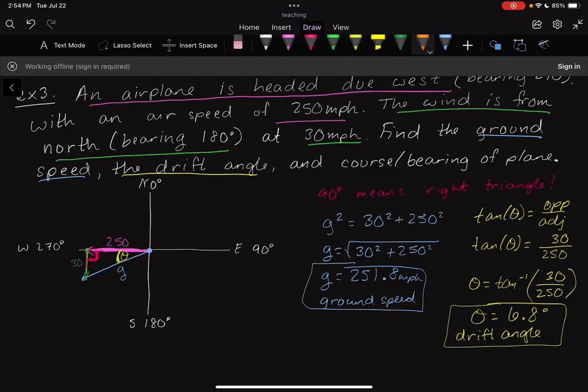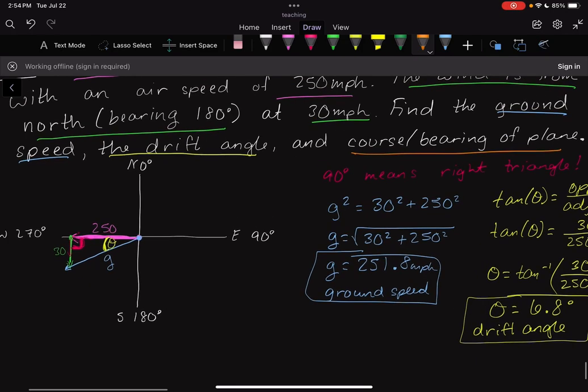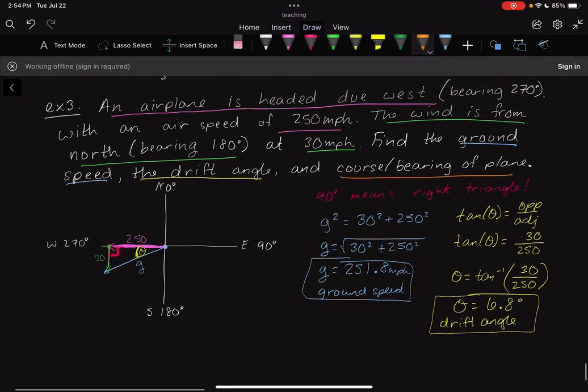All right, so now let's find the course or the bearing of our plane. That's telling us where the plane actually goes. How far off of its track did it go? Because it was supposed to be going 270 degrees, but it got pushed this way by 6.8 degrees. So now I want you to think.